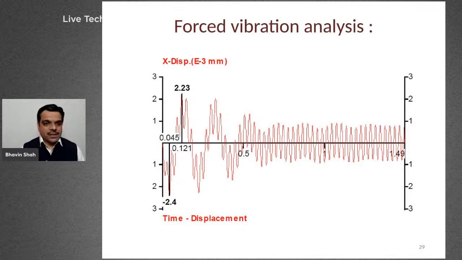To investigate that, the transient response needs to be captured, and that response can be captured only through time history functions. What we see on the screen is the time history plot of one of the joints after performing the forced vibration analysis in the computer.